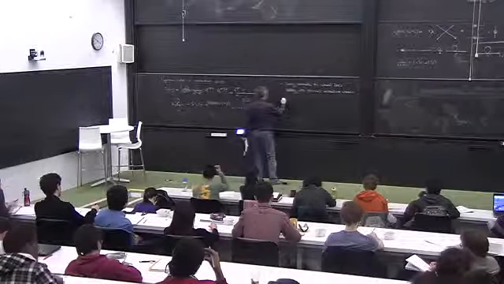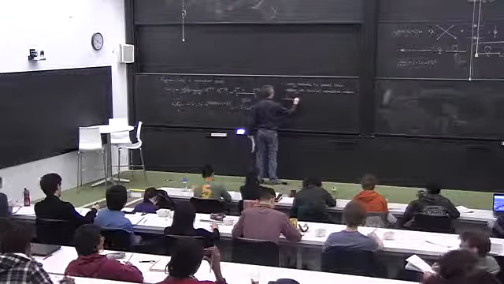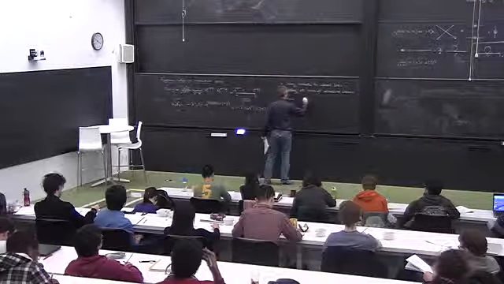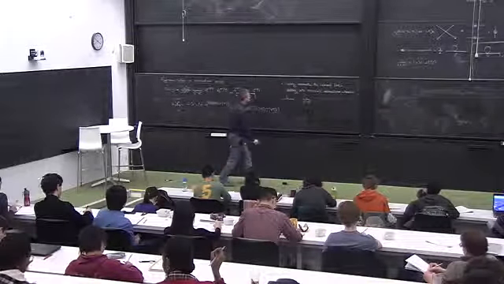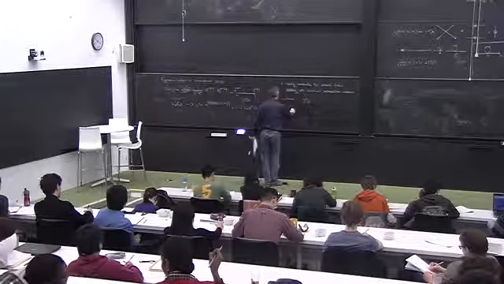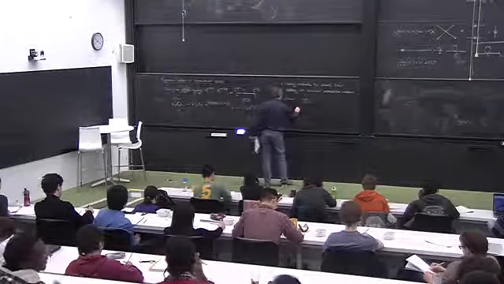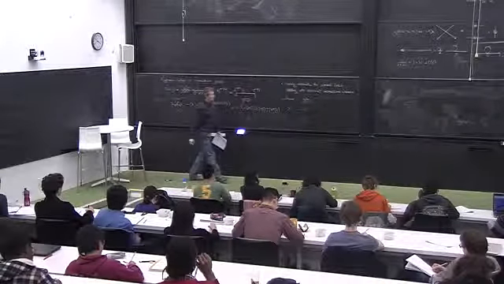And then each propagator gives you a factor of i divided by p squared minus m squared. And each vertex just gives a factor of minus i lambda.